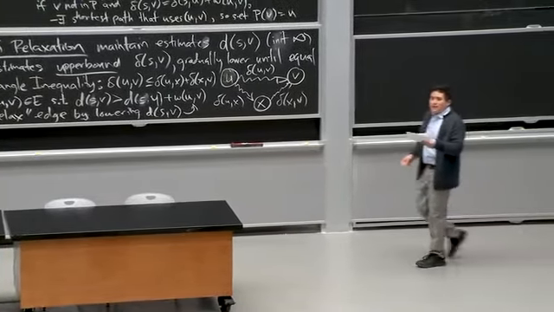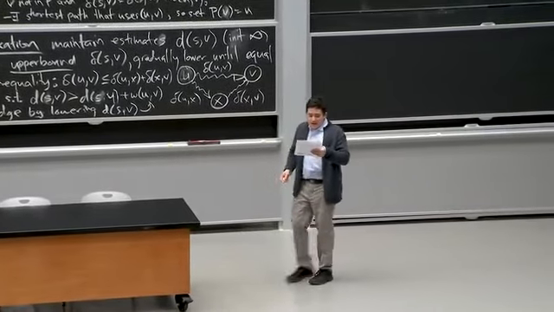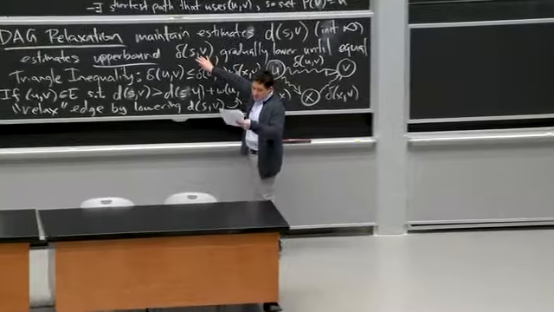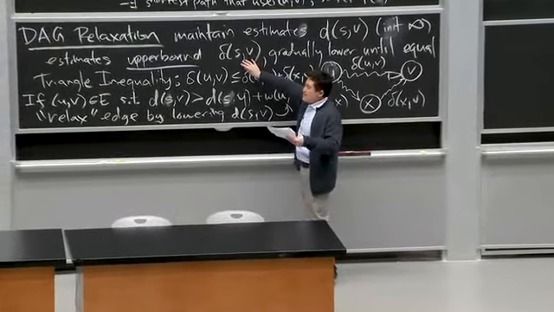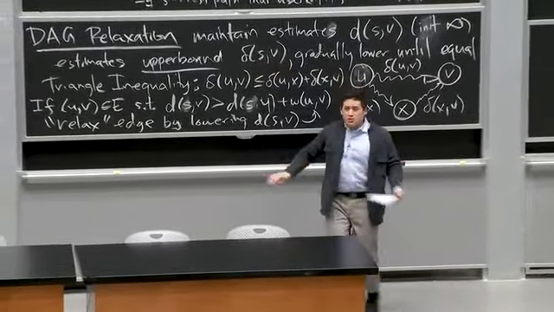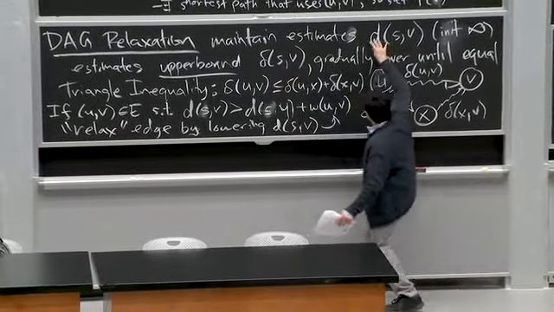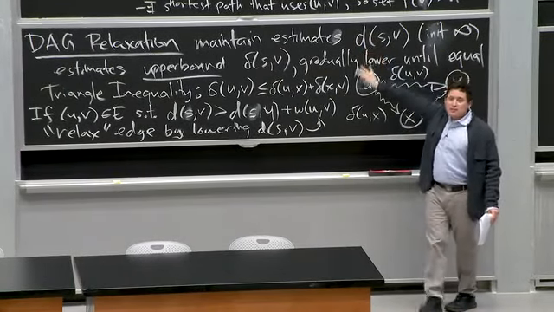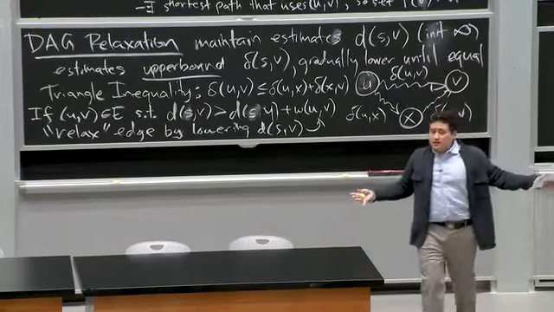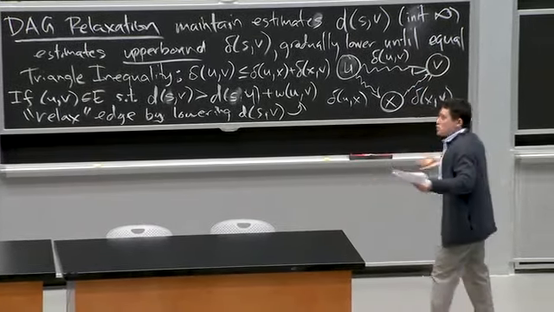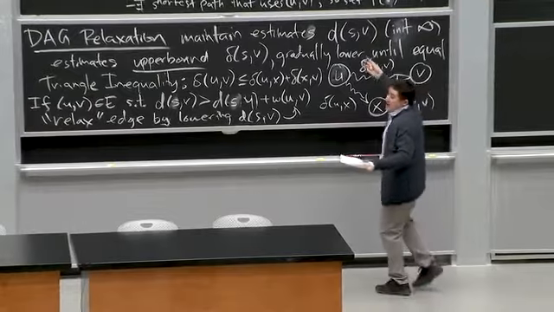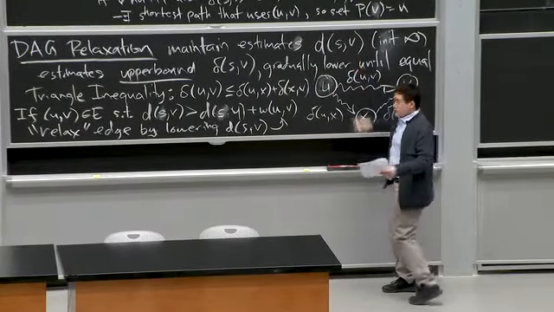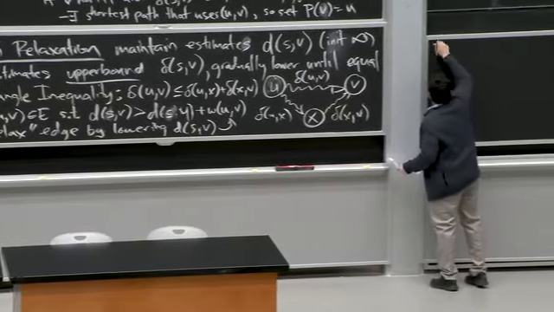What do I mean by relaxation is safe? It means that as I am computing these shortest path distances, I'm going to maintain this property that each one of these estimates here has the property that it's either infinite or it is the weight of some path to V, okay? So that's the thing, that relaxation is safe.